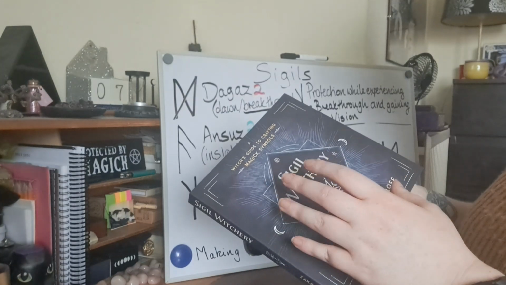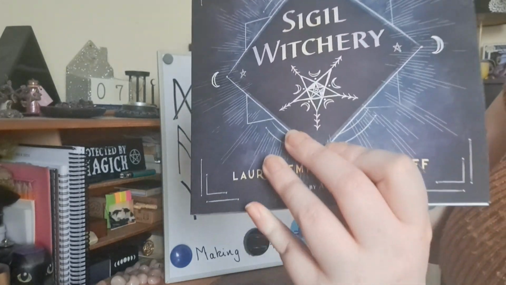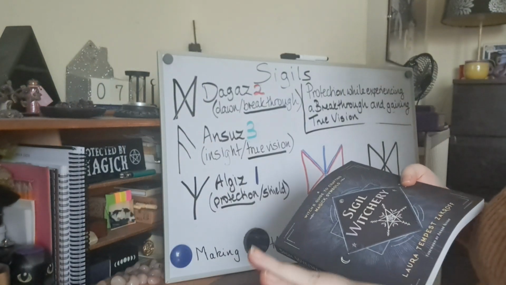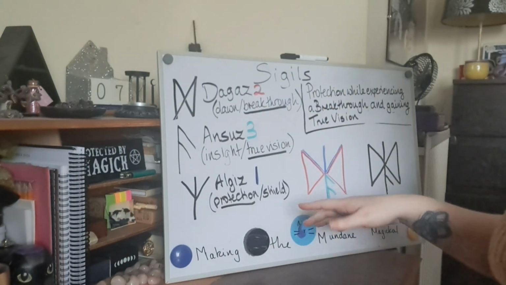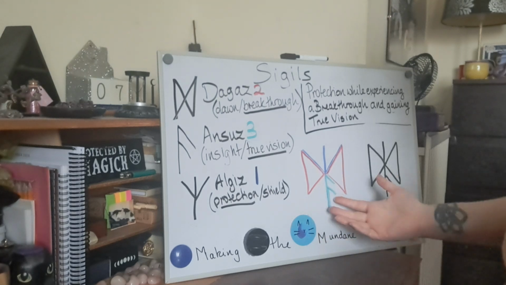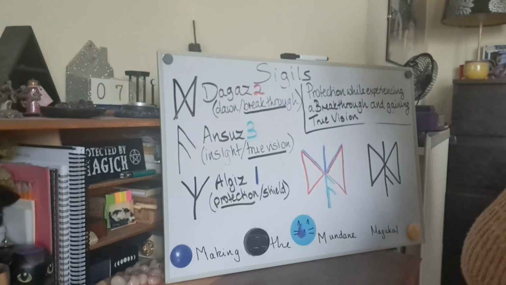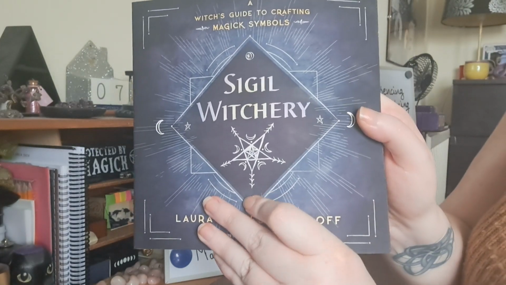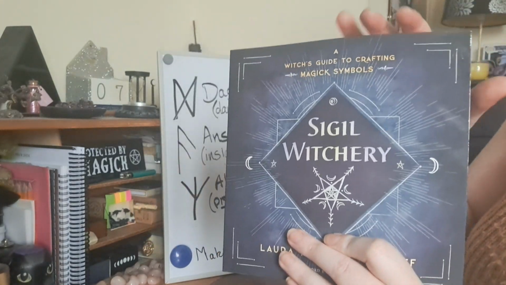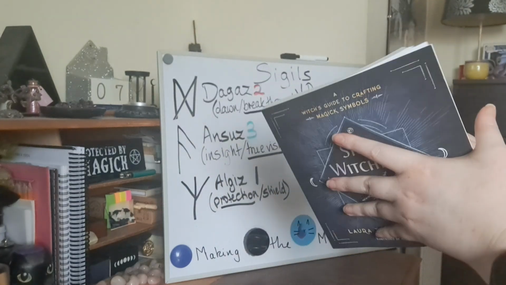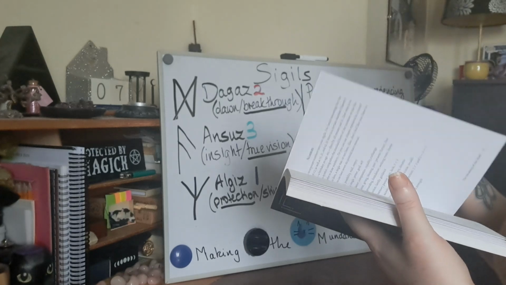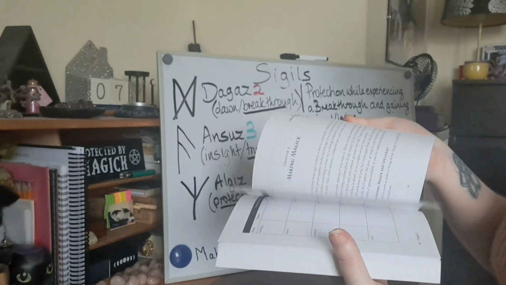But this kind of sigil witchery, it's how to draw things like this, and I'm like, that's not me. This is me. But if this is what someone wants, I'll definitely recommend this. I have it so that if I want to use it, I can. And it's really helpful.